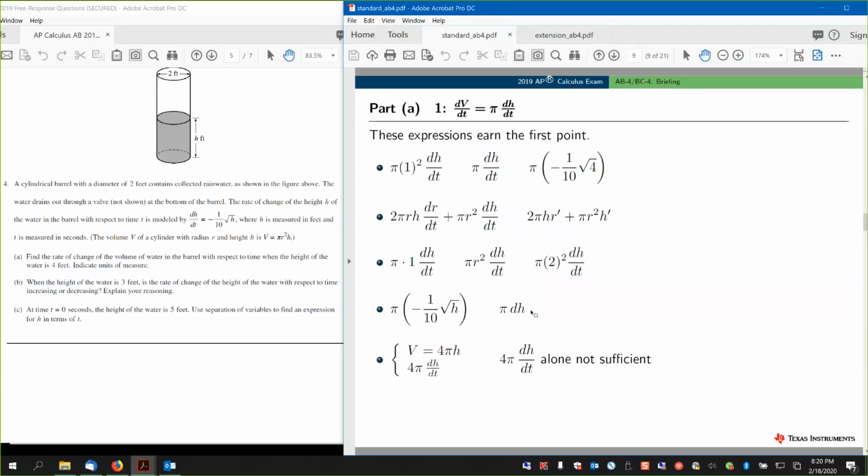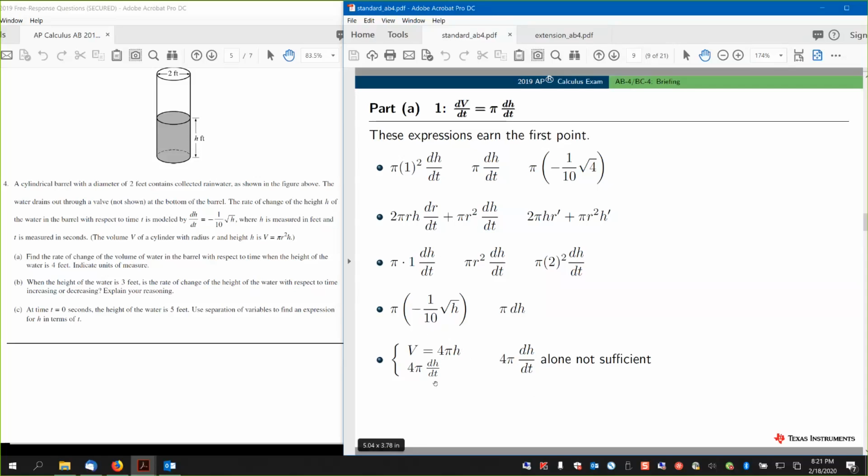Now, down here at the bottom in this last bulleted item, I think this is kind of interesting. If the student wrote those two expressions, they would earn the first point, because we know where the 4 came from. We believe the student has substituted in r equal 2. They're telling us that's the expression for volume. I can see that they've taken the derivative of h with respect to t.